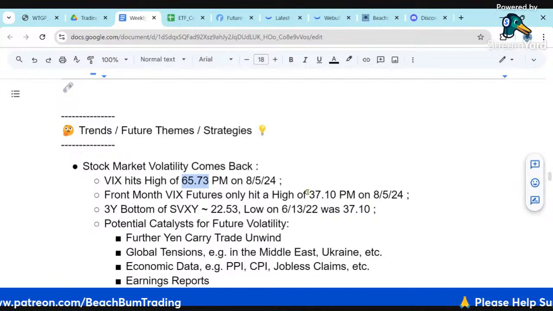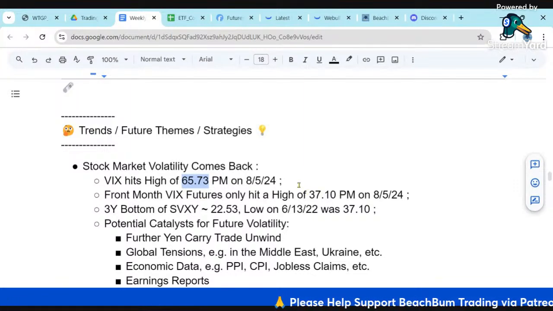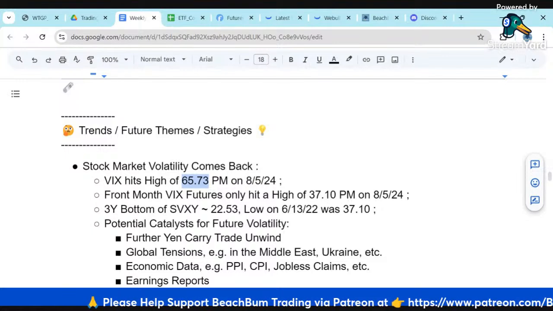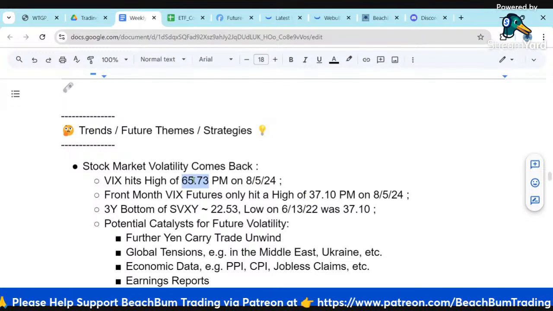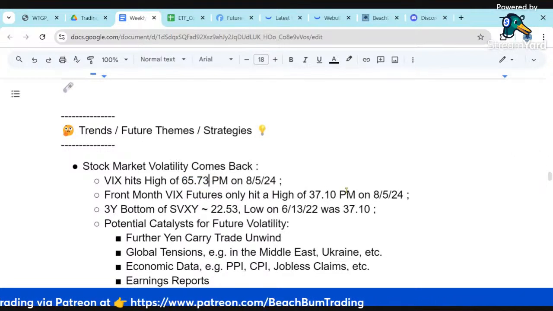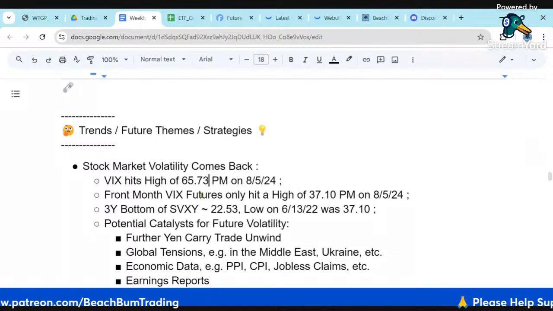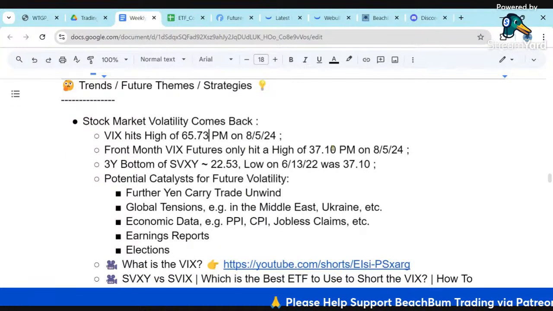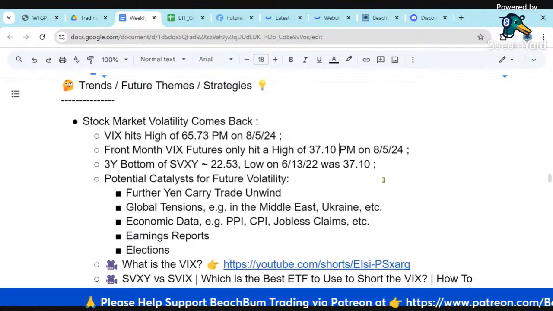There's some backwardation in the VIX futures. So I guess as you go out several more months, they're actually lower, which is interesting. I don't know if the zero DTE options fueled some of this spike in the VIX. But again, the VIX futures, I thought they would respond and head up further, but we saw a very quick retracement in the VIX futures.